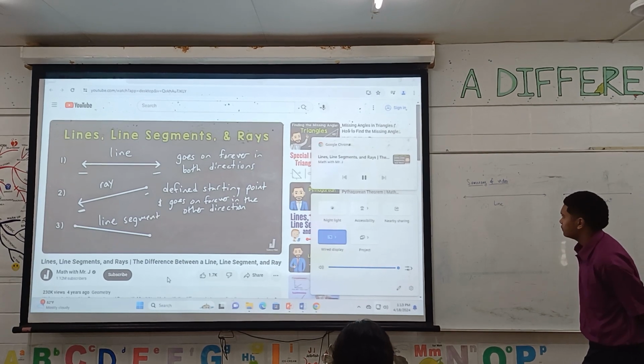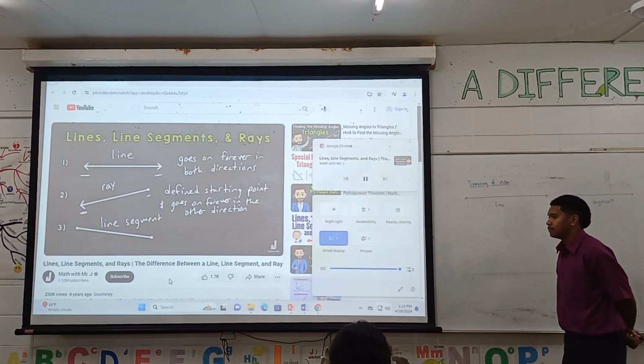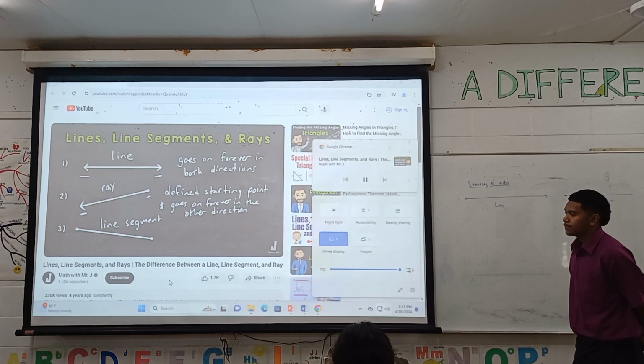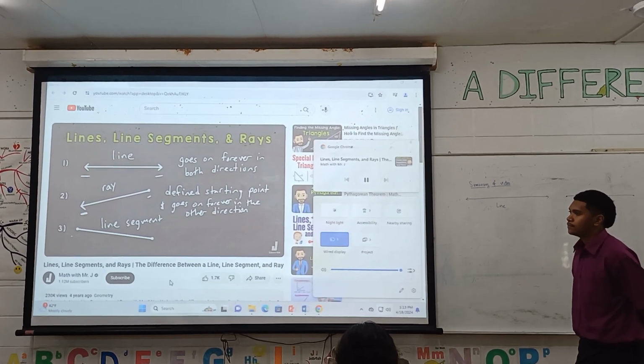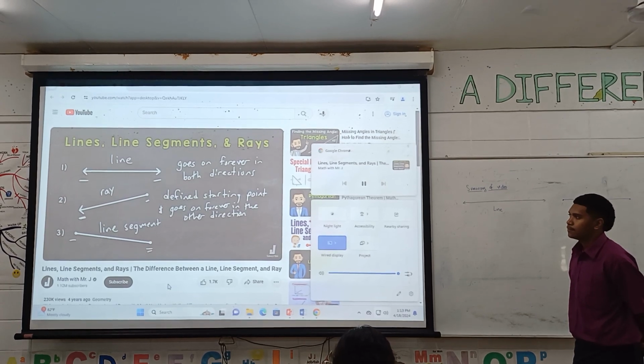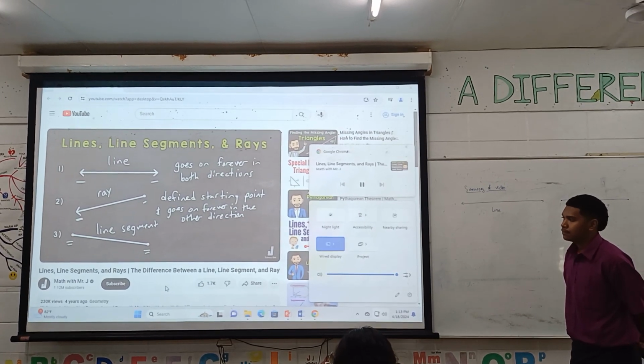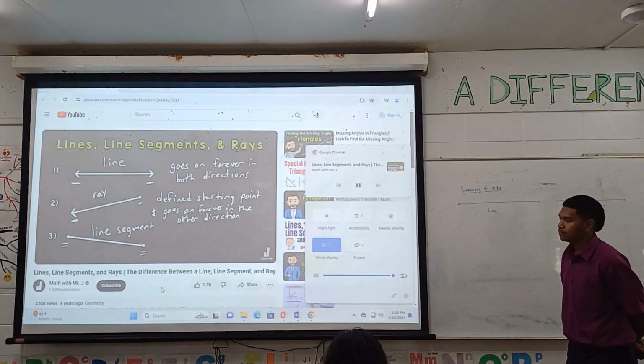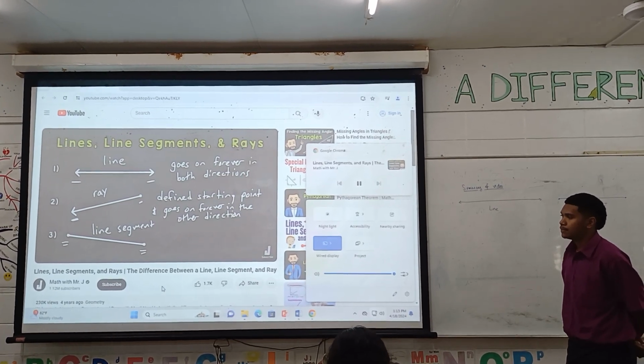And then lastly, we have a line segment. A line segment has a defined starting and ending point. These points here start and stop, or if you want to consider the right side the starting point and the left the ending point, that's fine as well, but we have a defined starting and ending point.